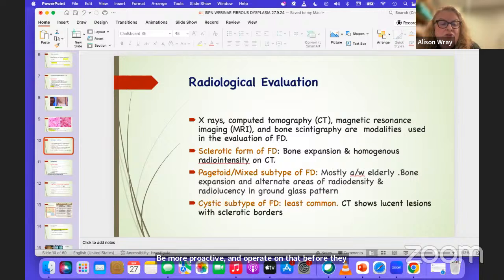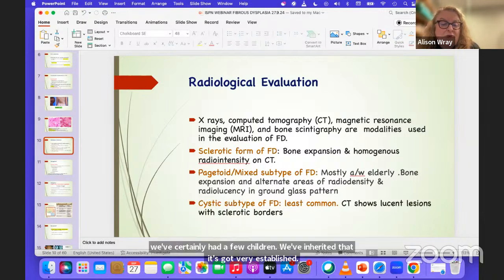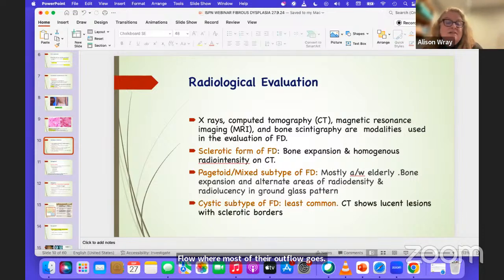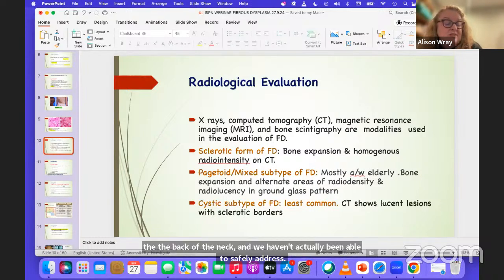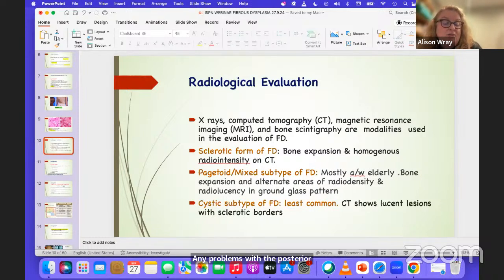Because we've certainly had a few children we've inherited later that have very established flow where most of their outflow goes down the back of their neck, and we haven't actually been able to safely address any problems with the posterior fossa or the upper cervical spine because of the risk of interrupting that outflow.